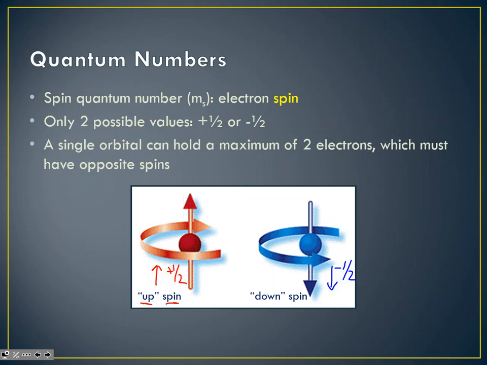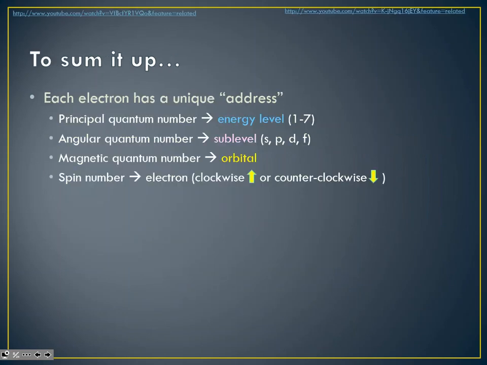Now let's sum it all up and go back over real quick. The first number is the energy level, and it's always going to be something 1 through 7, because we have 7 energy levels. The angular quantum number is going to be 0, 1, 2, or 3, depending on which block it's in. Is it an S, a P, a D, or an F orbital?